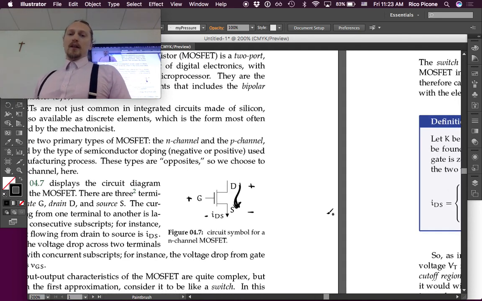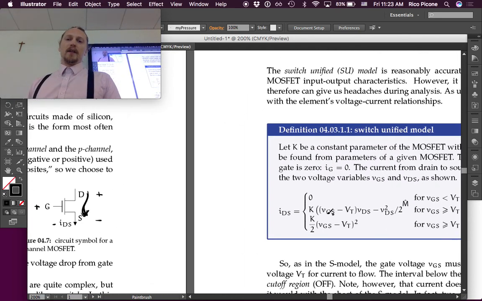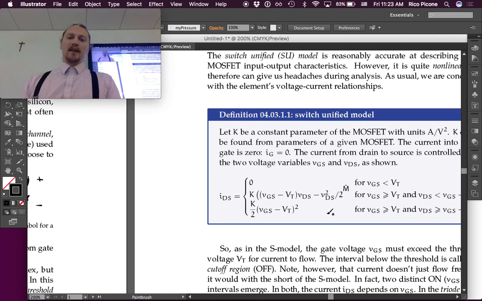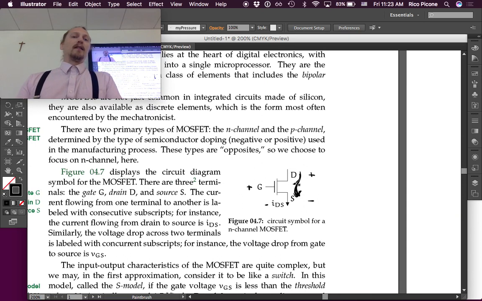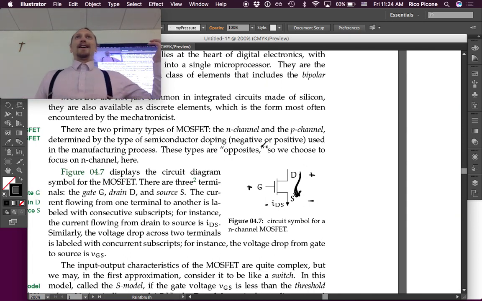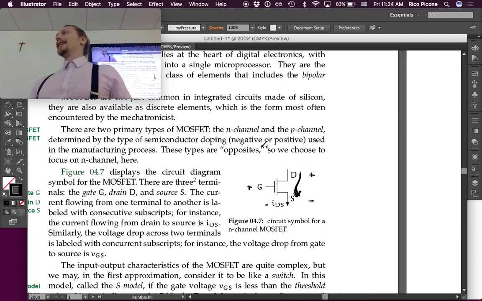So let's look at the different possibilities. It's piecewise. The first possibility is that if the gate voltage is less than the threshold voltage, it's not going to flow any current. If the gate voltage doesn't reach the threshold voltage, just as in the switch model, it's off.